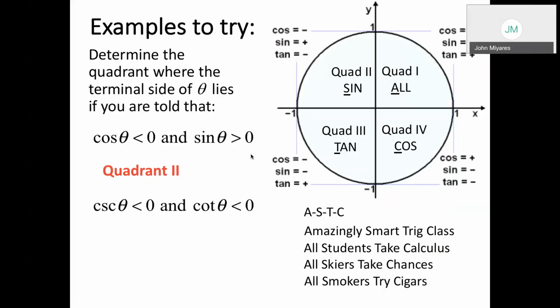The cotangent will follow the behavior of the tangent. The tangent is positive in quadrants 1 and 3, and it will be negative in quadrants 2 and 4. So the cotangent will also be negative in quadrants 2 and 4. As we take those together, that leaves us quadrant 4 as the place where both the cosecant and the cotangent are going to be negative.